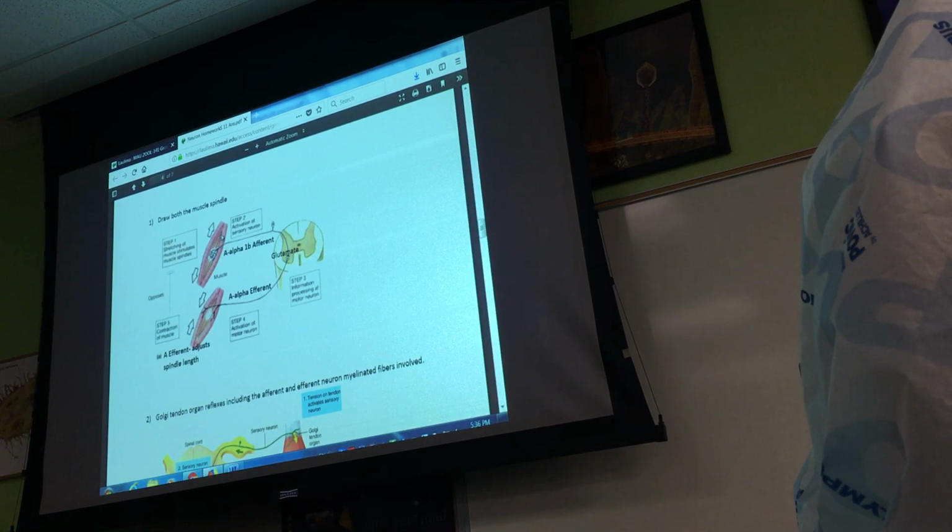What's the name of the fibers within this? Intrafusal fibers. And then stretch of the intrafusal fibers results in the activation of proprioceptive or mechanoreceptive, same thing, neurons that results in signaling to the brain, signaling through the spinal cord.